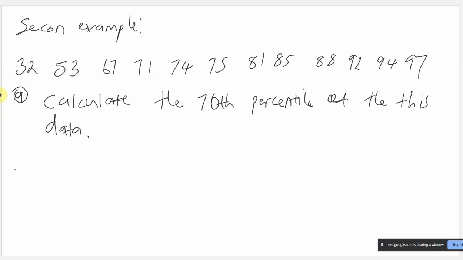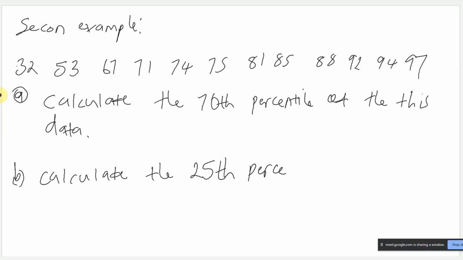Then number 2, calculate the 25th percentile of the data, not of this that.